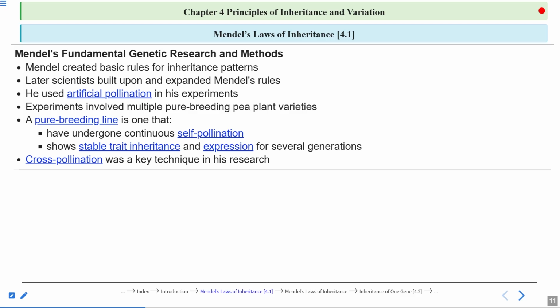What is self pollination? When the pollen from the anther of one flower is transferred to the stigma of the same flower, that is known as self pollination. If you transfer the pollen to the stigma of another flower, that is known as cross pollination. So Mendel carried out cross pollination. Now, why was it called artificial pollination? We'll discuss this also.